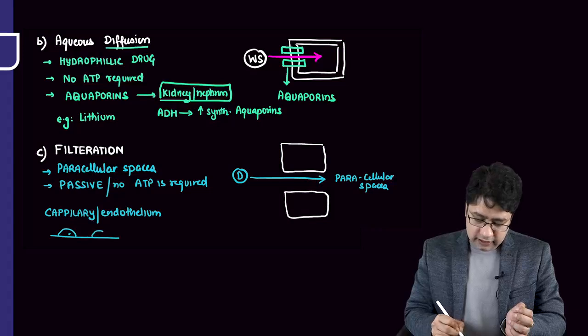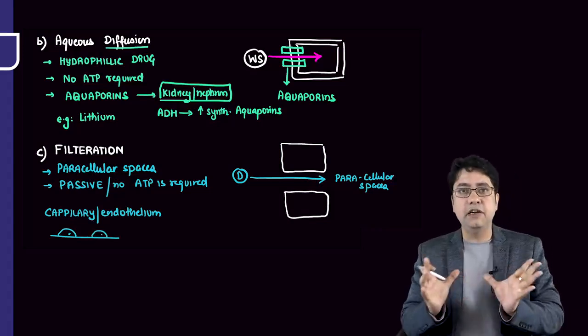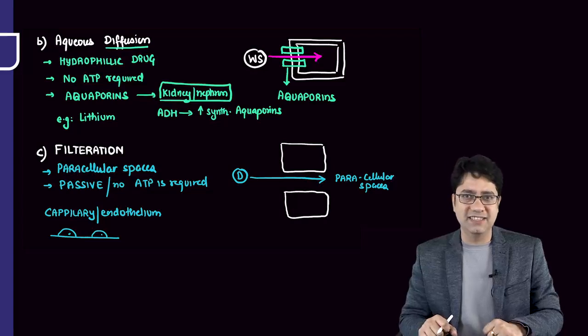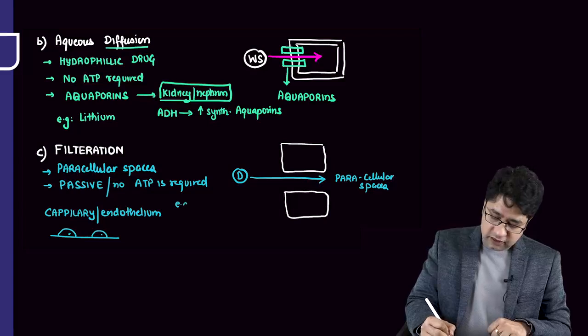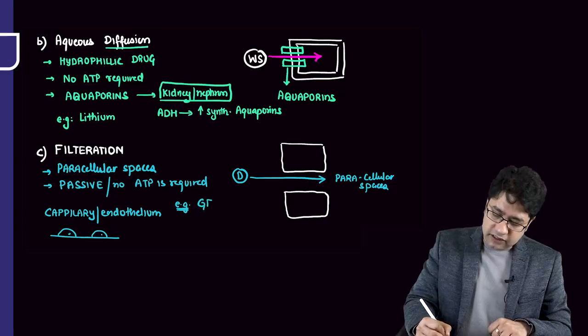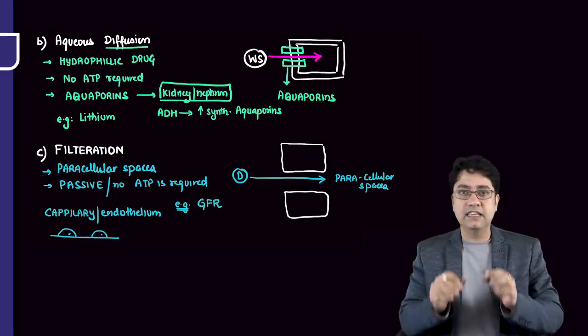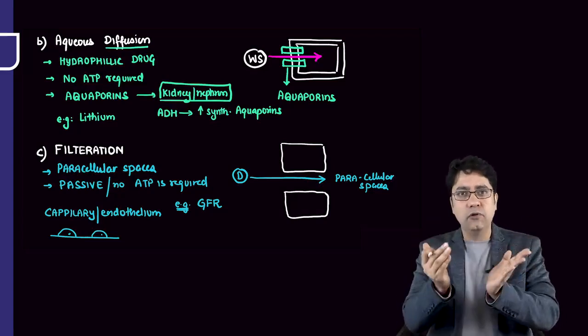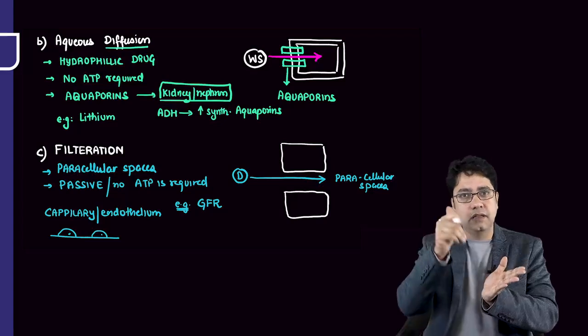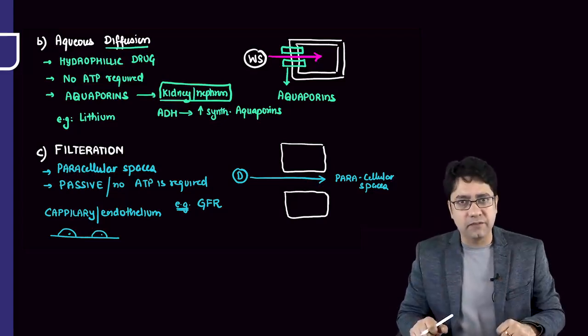And their endothelial cells are separated by lots of paracellular spaces. So the classical example where filtration of a drug occurs is in the kidney. You must have heard the word GFR, that is glomerular filtration rate. So from glomerular capillaries, the blood gets filtered into the nephron.